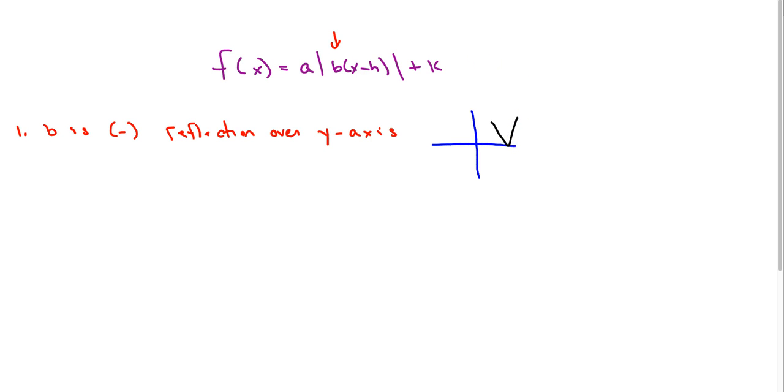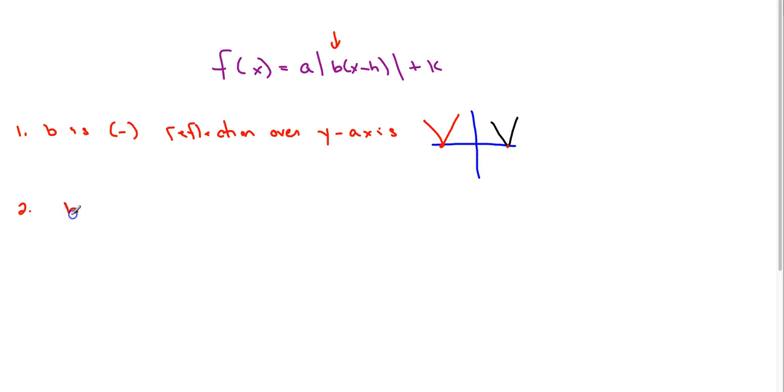Our new graph, the reflection, would be reflected over the y-axis. So this point will go now here, and that would be the reflection over the y-axis. So it reflects over the y, not the x. So if b is negative, we get a reflection over the y-axis.